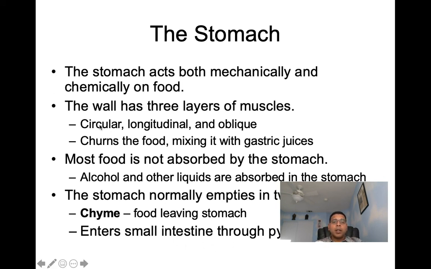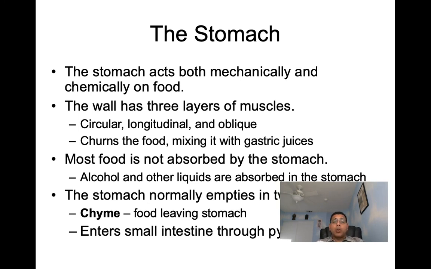So the circular layer, the longitudinal layer that we've seen, and then the third layer is going to be the oblique layer I want you to know about. These muscles, they're going to help move food along the tract. They're going to help churn our food, and they're going to help mix this food with gastric juice and break it down into small pieces.